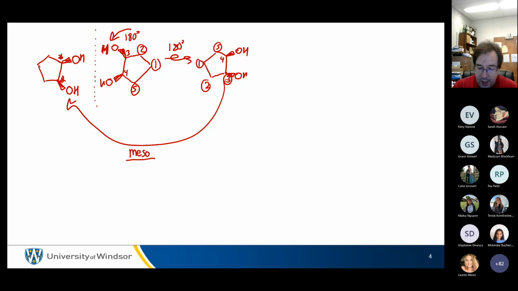Okay, so let's say we have a different system. I can make this more complicated, but in the end, they all come out to the same thing. So I've drawn 2 molecules there.